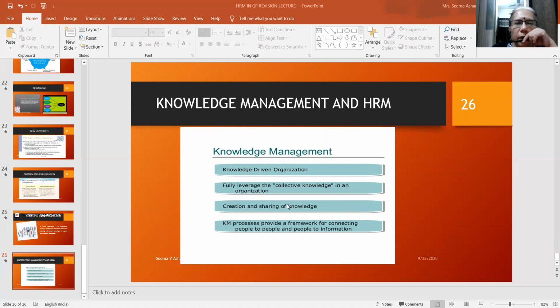This collective knowledge has to be made use of. It has to be properly created and shared. The knowledge management process provides a framework for connecting people with all people and people with information.